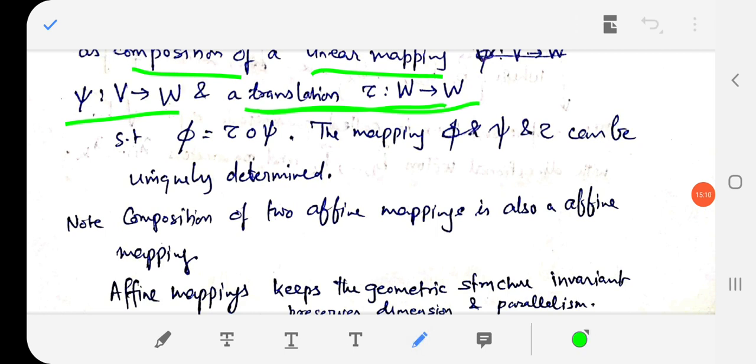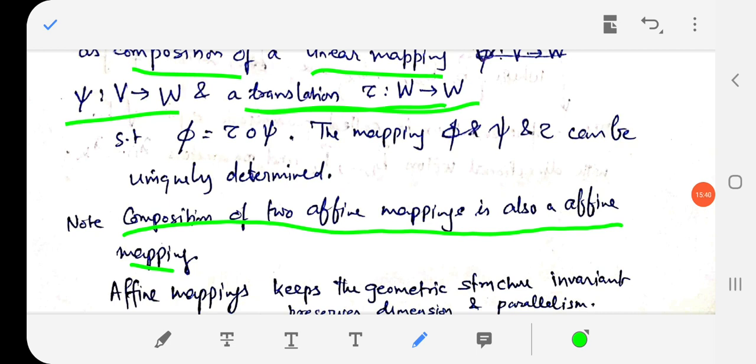Now, the composition of any two affine mappings will also be an affine mapping. That is very straightforward. If you take a composite function, first you do a plus phi of w, where phi is a linear mapping, and then you again take some xi of a plus phi w, right?